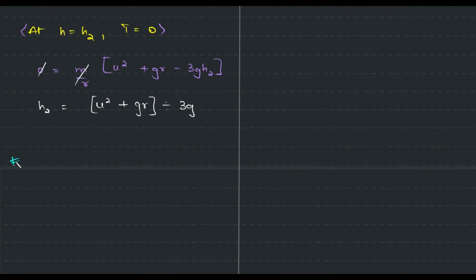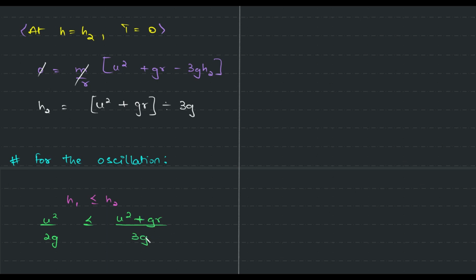So for the asked condition, that is oscillation, we need to have h1 less than or equal to h2. That's the whole point, that's the very first statement. So this is u square by 2g, which is less than or equal to this expression, u square plus gR by 3g.